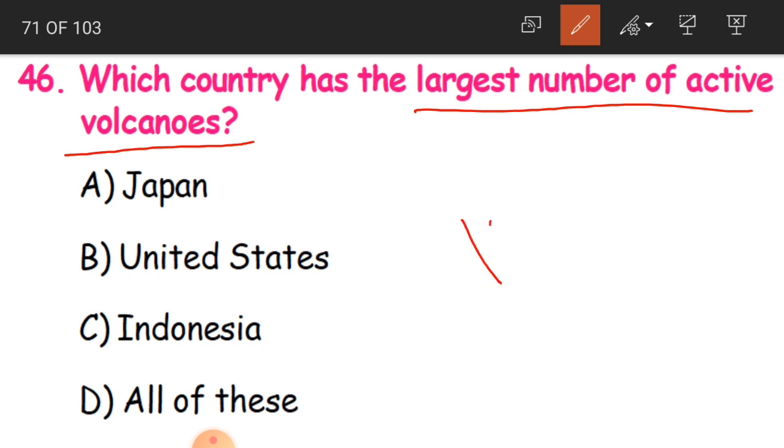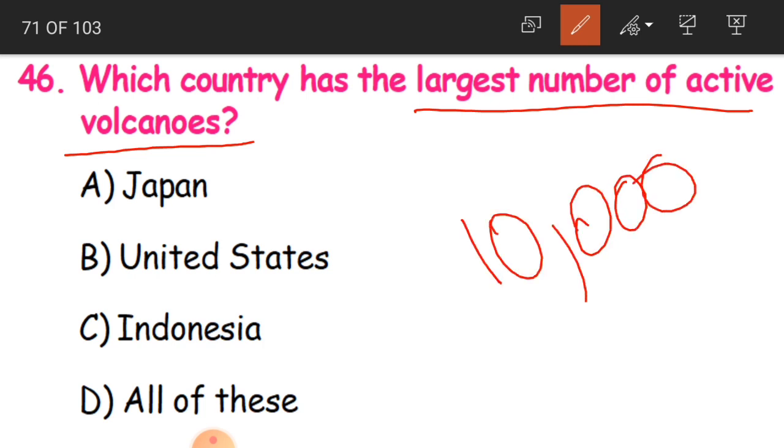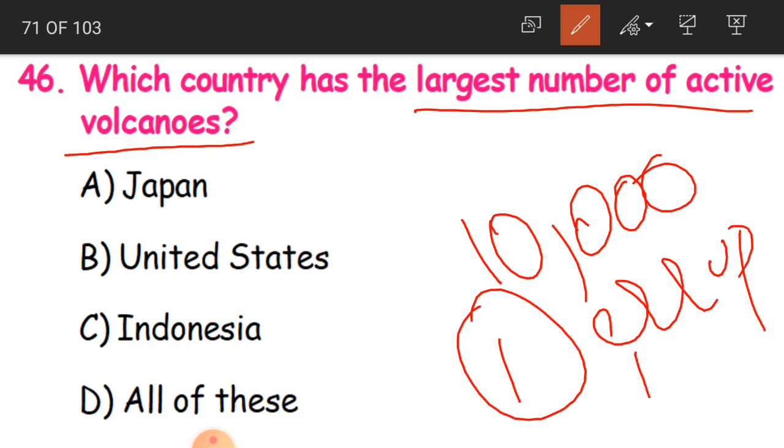Okay, during the past 10,000 years, there might have been at least one eruption, or sometimes even more than one, but here the minimum is one, okay, in the past 10,000 years. That we call an active volcano, and the answer is C, that is Indonesia.